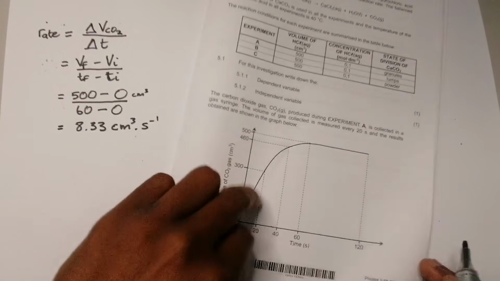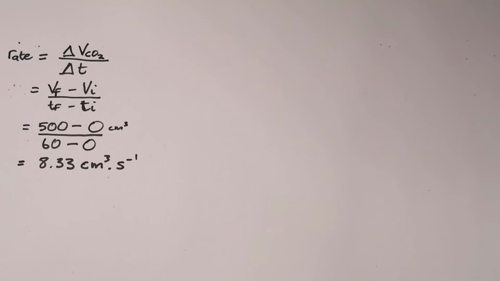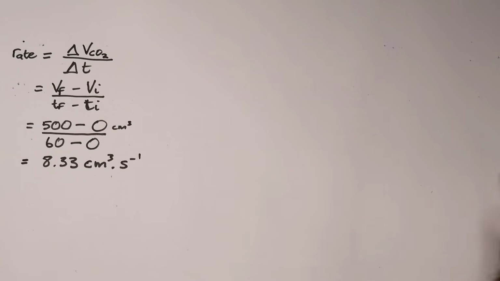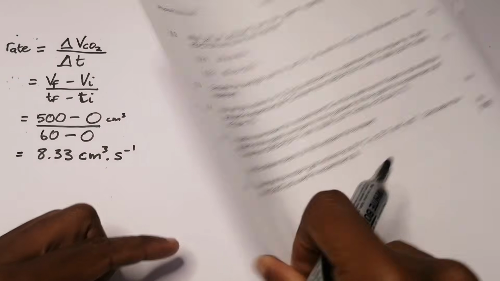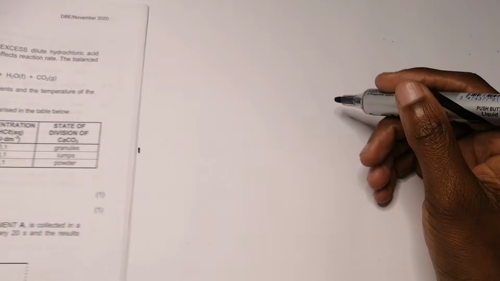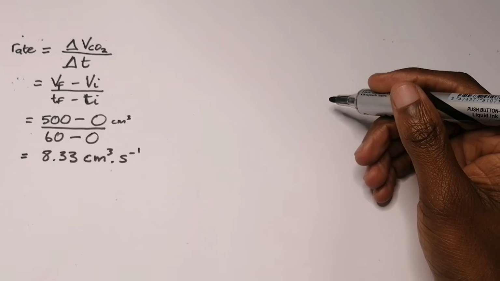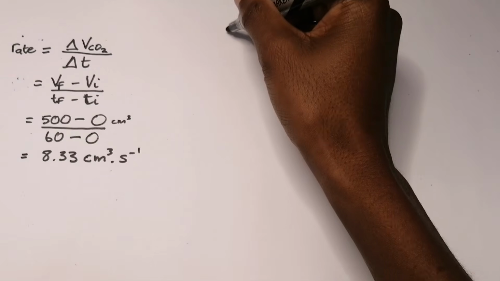So they wanted you to compare the gradients. In this case, we would say it would be greater than. Okay, so that would be our graph there. In fact, why don't we just draw the two graphs? Let's just copy the graph for experiment A over here, and let me show you what the one for experiment C would look like.